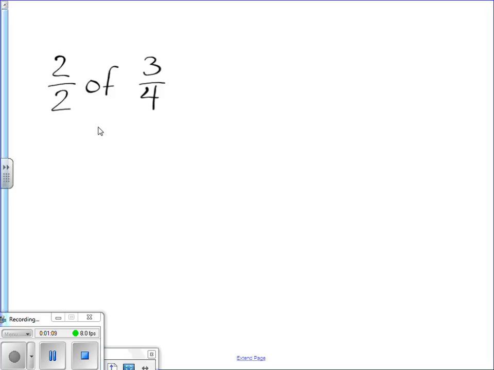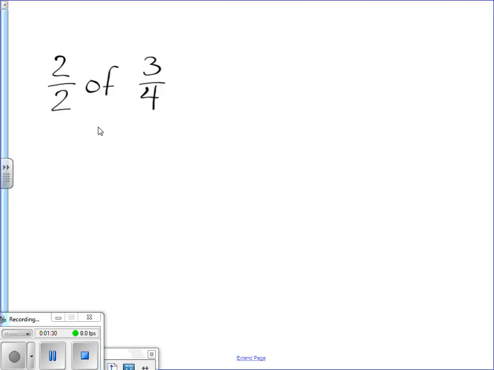Diamond, what do you see? Okay, and you guys might agree with this. She says 1 whole. When you see 2 halves, you should automatically, hopefully, notice that 2 halves is equal to 1 whole. So what should our answer be equal to?